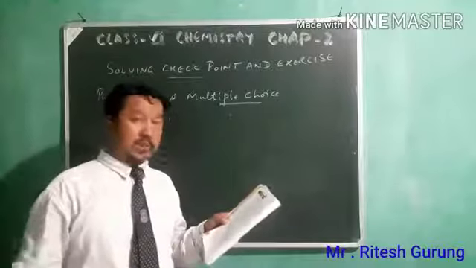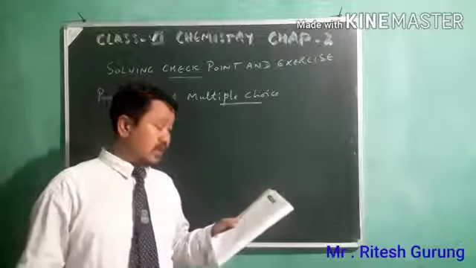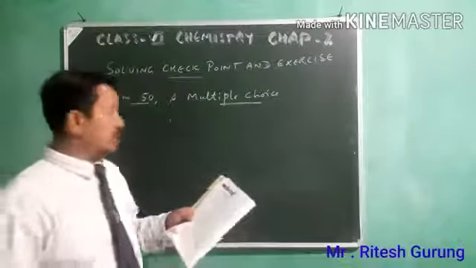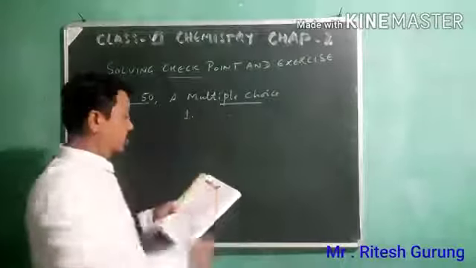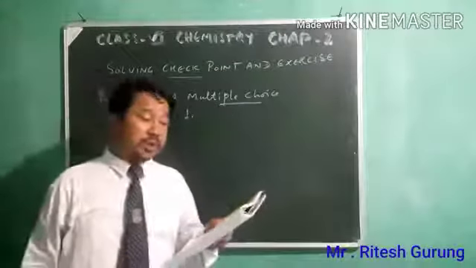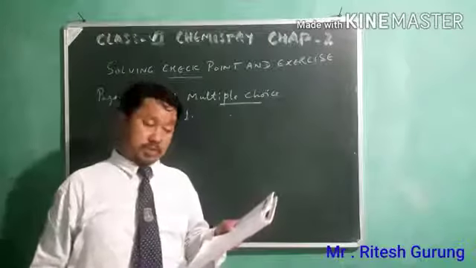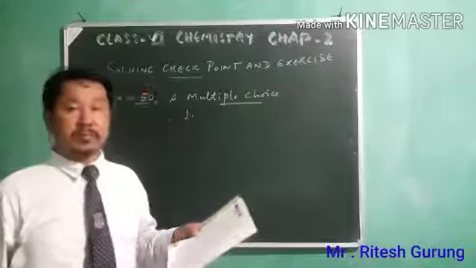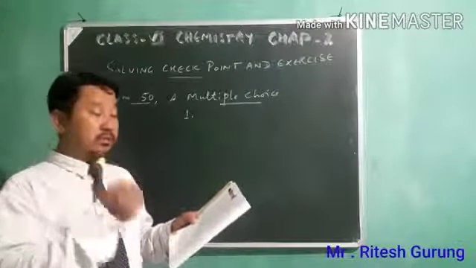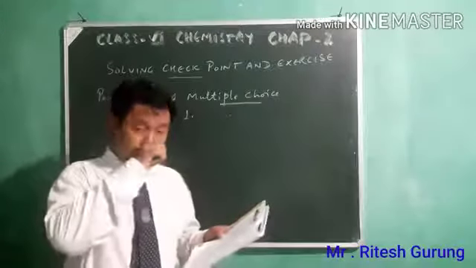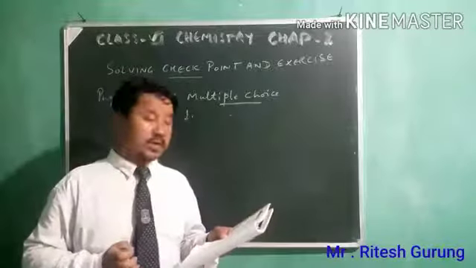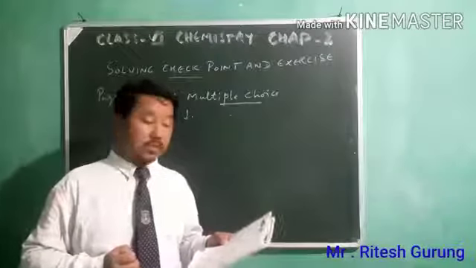You just keep your book open, page number 50, multiple choice questions. Number 1: the most abundantly occurring element on the earth: oxygen, silicon, aluminum, or hydrogen. Which is the one that is most abundantly occurring on the earth among these 4?